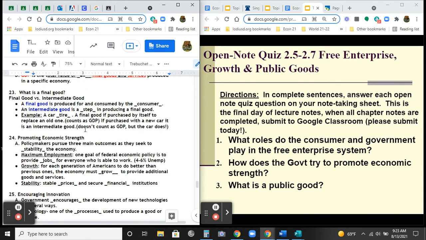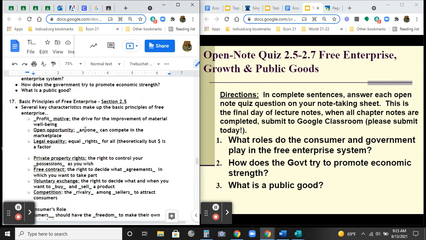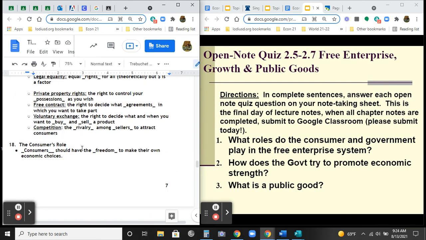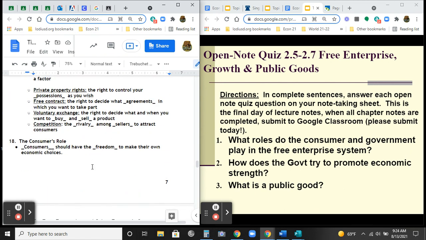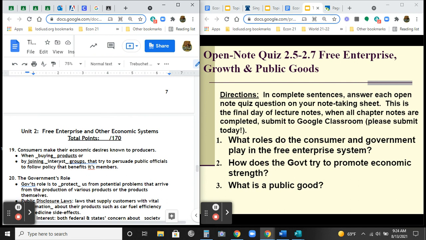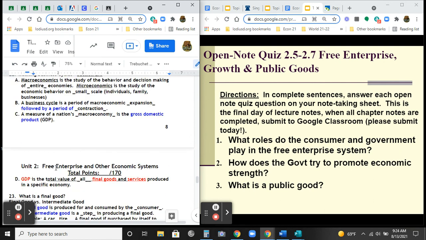Let's see where they're going by scrolling back up to where we started. Consumers' role: consumers have freedom to make their own economic choices when buying products. Government's role is to protect us from problems, public disclosure, public interest.